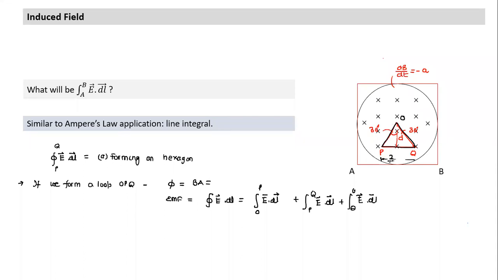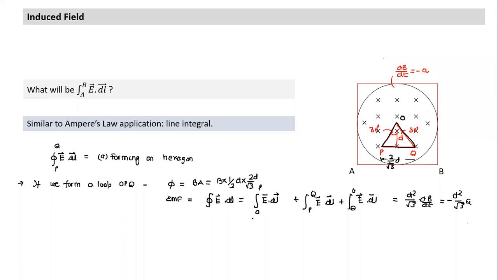The base will be 2 by root 3 D. So area will be equal to 1 by 2 into D into 2D by root 3. So what is the EMF? It is d phi by dt. So that will be equal to D square by root 3 dB by dt, which is equal to D square by root 3 A.